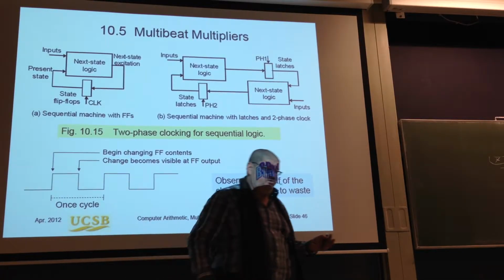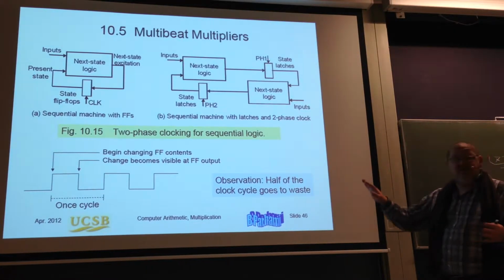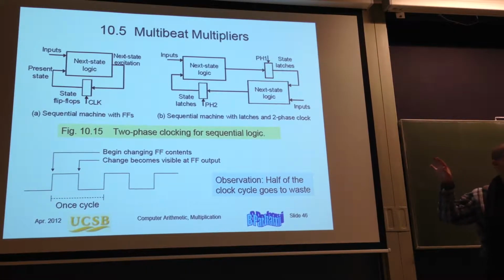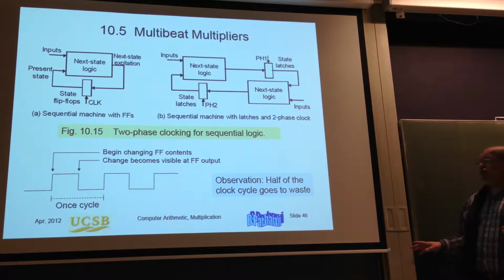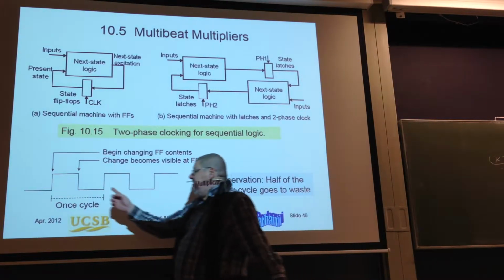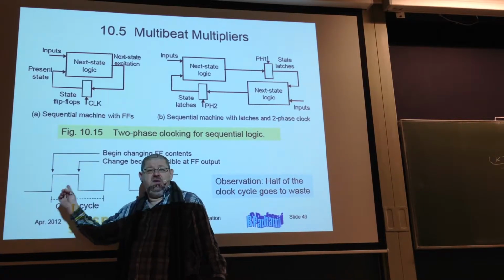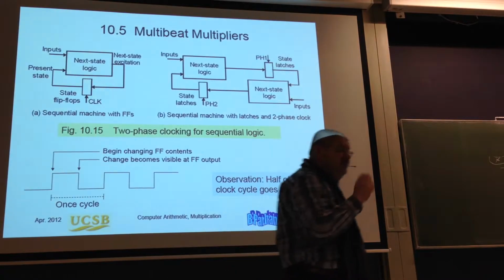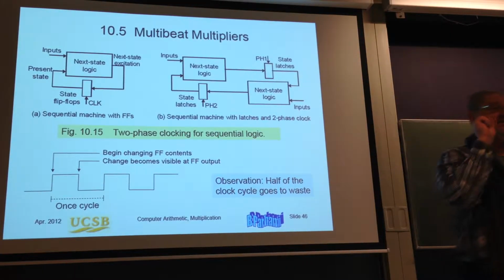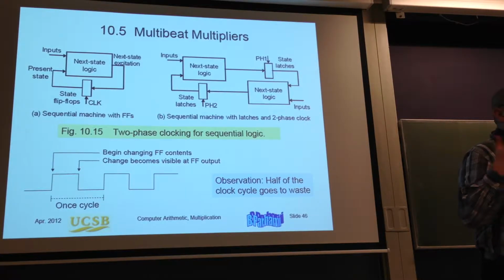If you have a master-slave flip-flop, one is sampling on the rising and the other one is sampling on the falling edge of the clock. Then you use in your system this transition and this transition on the clock as references. Then somehow, even though the frequency of the clock is the same, your operation speed is twice as fast.